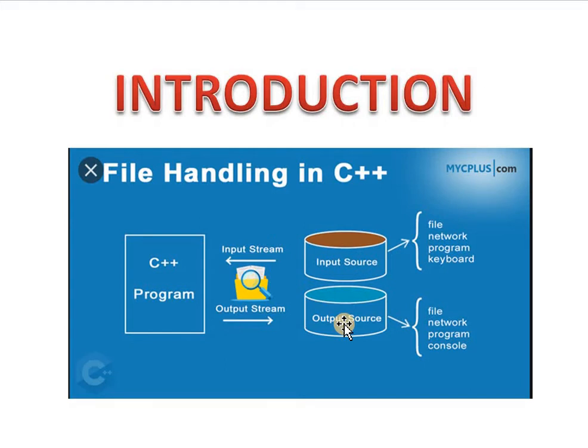One more thing to remember: so far we have been using the iostream standard library in our programs, which provides the cin and cout objects for reading from the standard input and writing to the standard output respectively.